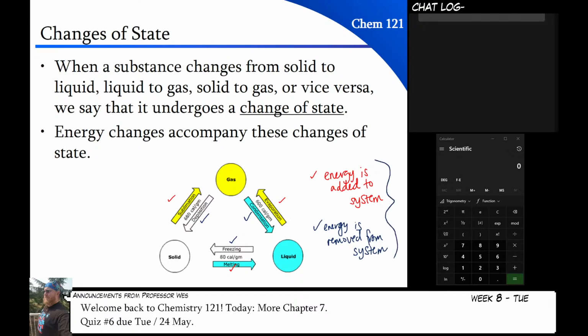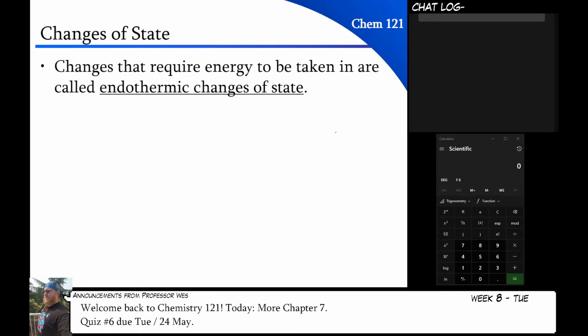Now over here, I have indicated some energy changes. We're going to assign terms to these changes. So the first term that we're going to call endothermic is any change that requires us to input energy. In other words, if energy was added, that process is endothermic.